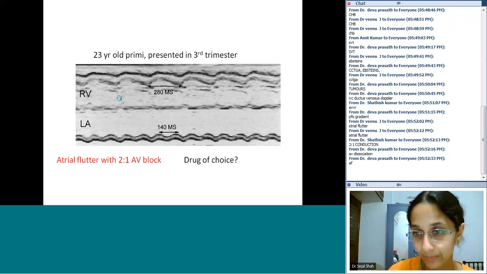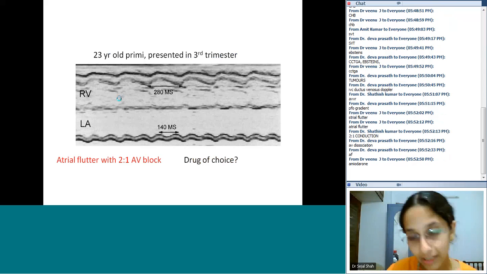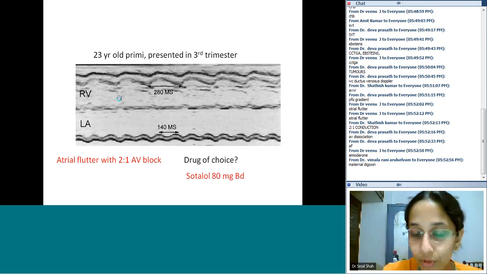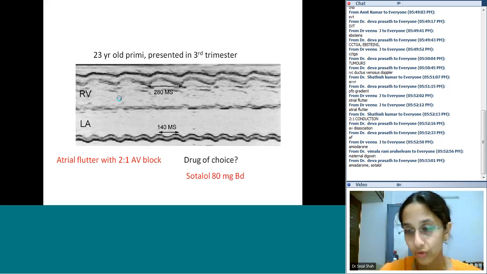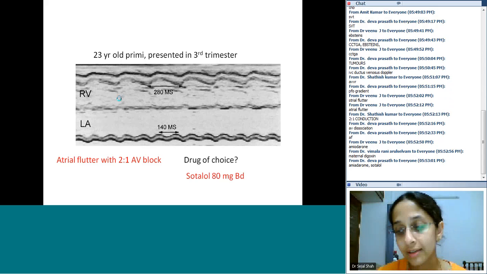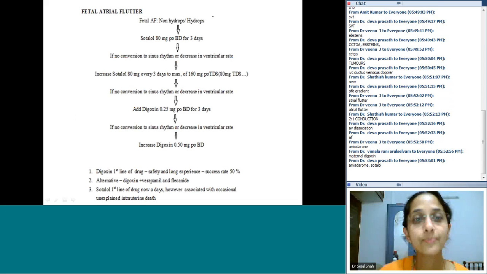In general, digoxin is considered to be safe, but sotalol is the drug of choice according to the protocol. Digoxin can also be considered, but for flutter, sotalol is considered to be the first drug of choice. Amiodarone is not considered as a first line medication in view of its side effects. So we can just go back to that chart which we had seen last time. A flutter gets diagnosed whether there is hydrops or not.